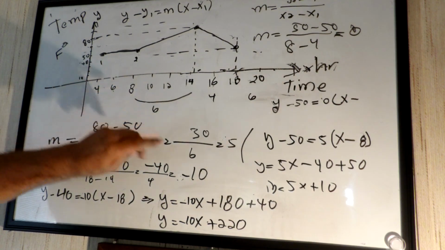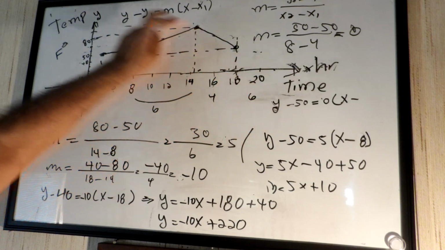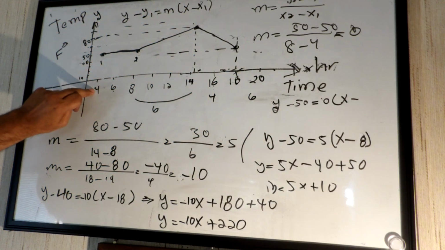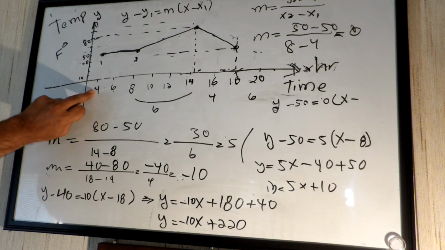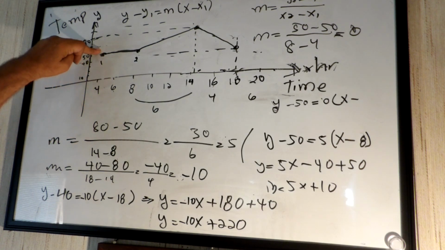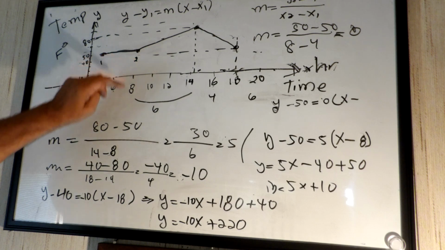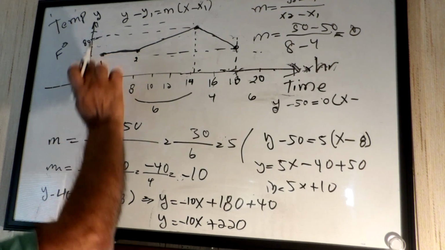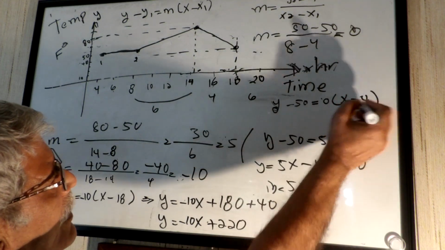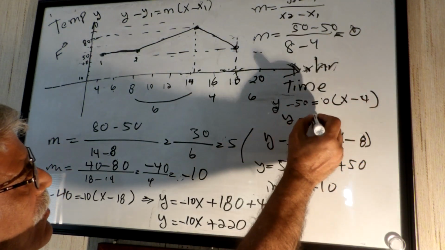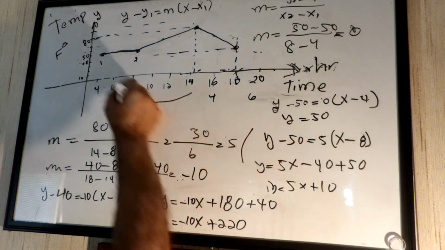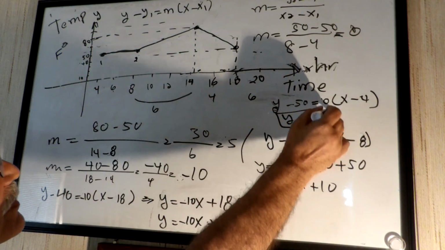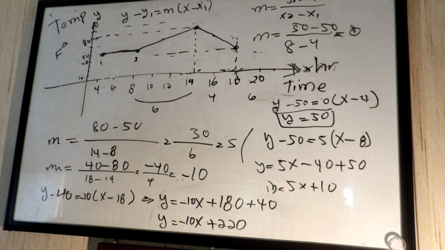These are the points: at 4 o'clock in the morning the temperature is 50, or at 8 o'clock. Any of these 2 points we can use. We use this point here, x minus 4. So this is 0, and y is equal to 50, from here to here.